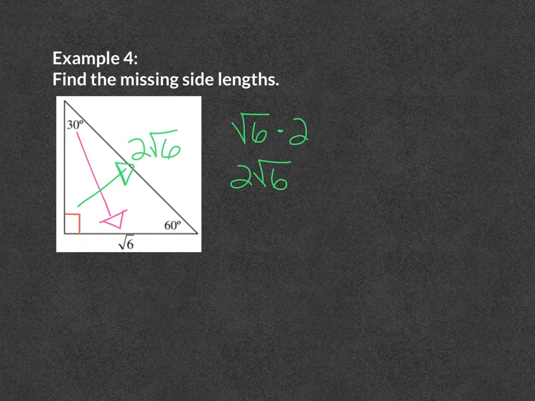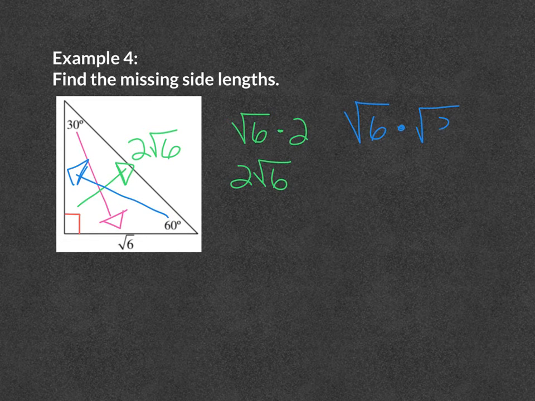Now in order for me to get to the side across from the 60-degree angle, all I have to do is take the side across from the 30-degree angle, which is root 6, and multiply it by root 3. So root 6 times root 3 will give me root 18.